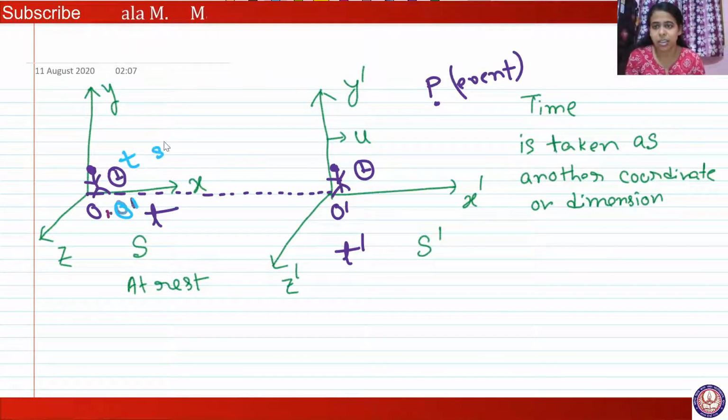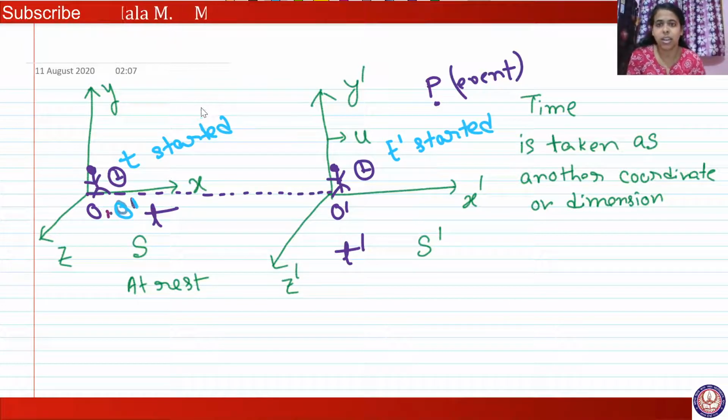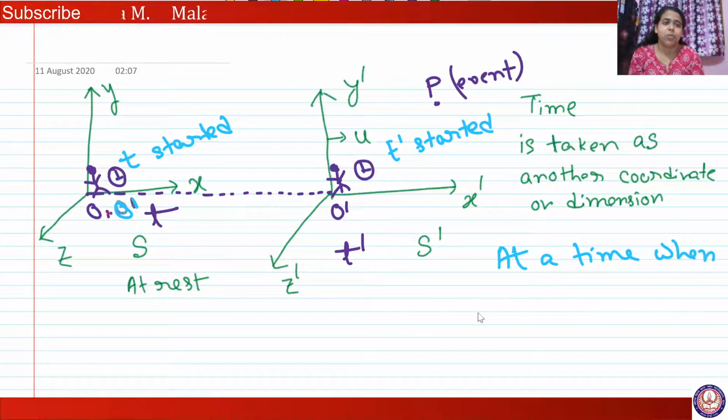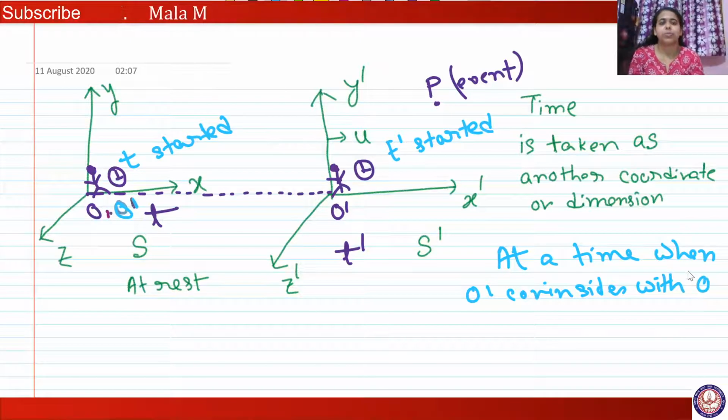So t started and t prime started. Both started when? At a time when O prime coincides with O. So their clocks are started at that point. So the countdown starts at this point.